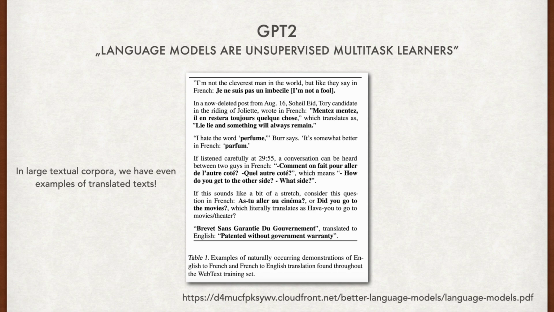How is that possible? If we have a large corpus of text, various tasks will occur there. Even if you think about tasks such as machine translation, as we can see in this slide, we can find examples of sentences translated to other languages in the text.